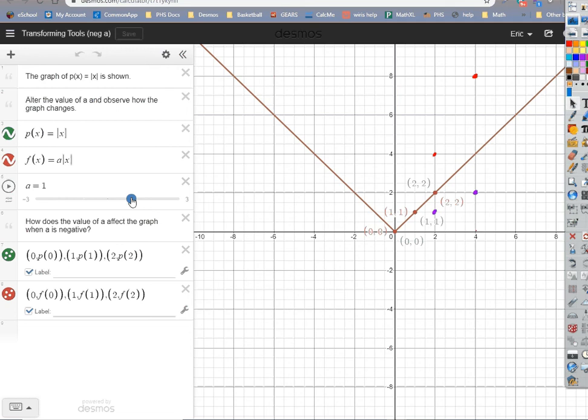Okay, instead of going over 2 and up 2, now I'm going to go over 2 and up 2 times negative 1. Right? So over 2 and up 2 times negative 1 means I'm going up negative 2. So I'm going down 2. Instead of going over 4 and up 4, I'm going over 4 and up negative 4.